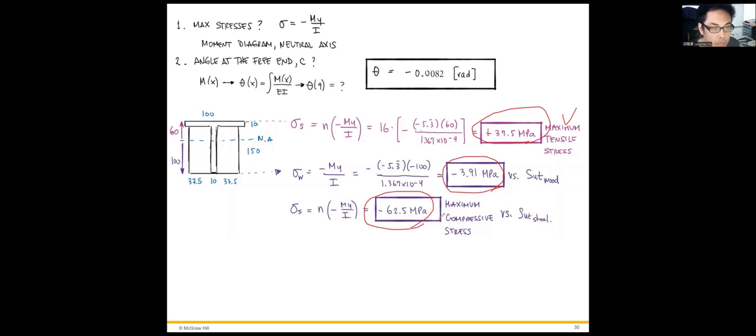For the bottom surface, 62.5 is the maximum compressive stress. You have to compare these with the ultimate stresses of steel and wood to understand which portion might fail.